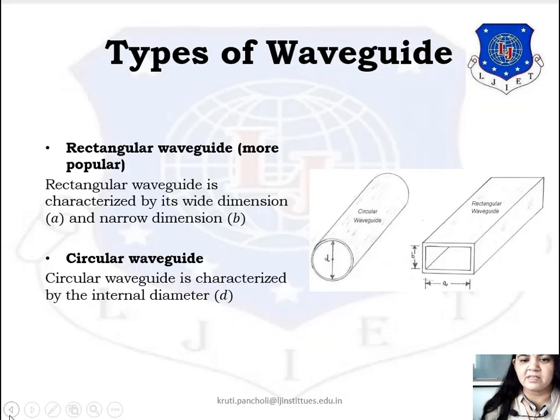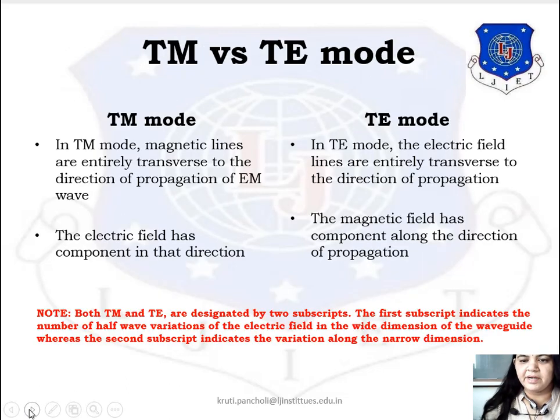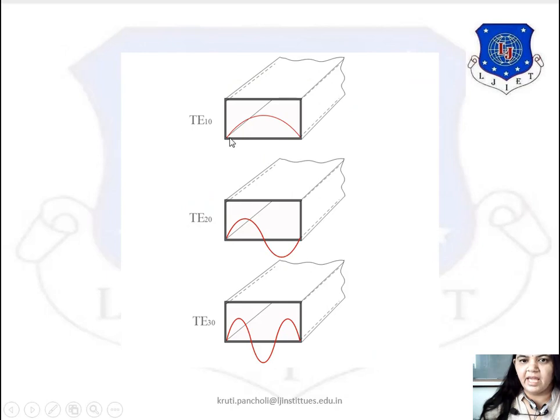Again, please keep in mind, the wide dimension is A. You can see the half variations in this direction; in the other direction the electric field is 0, so there is no variation. Here, 2 means 2 half variations; in this dimension there is none. Here, for 3, you can see 1, 2 and 3 variations.